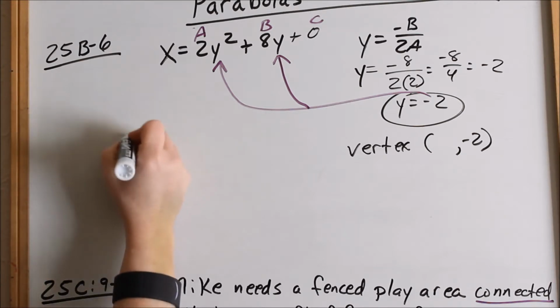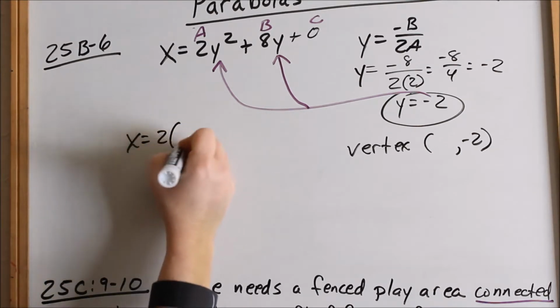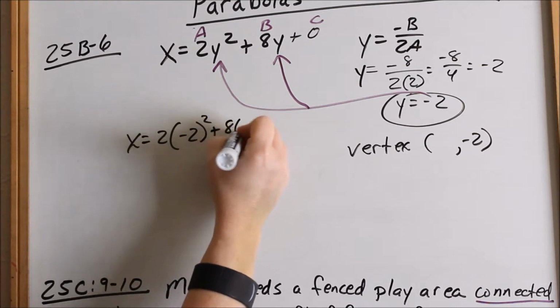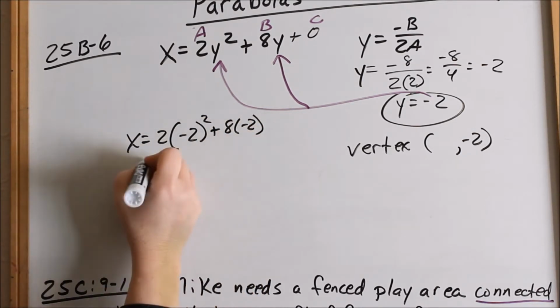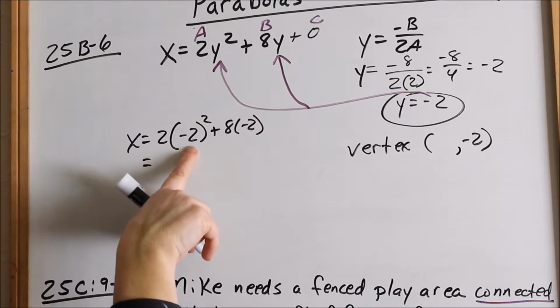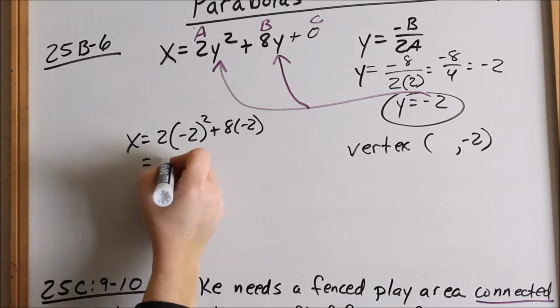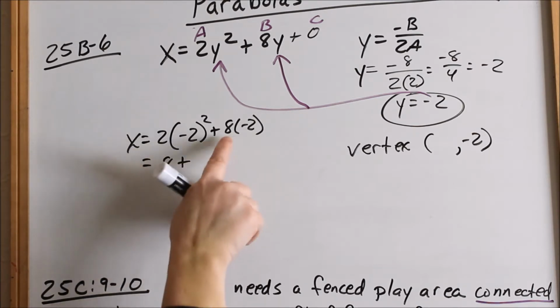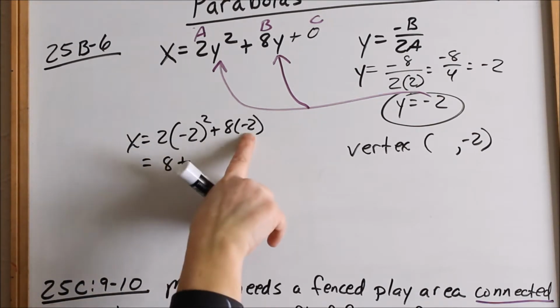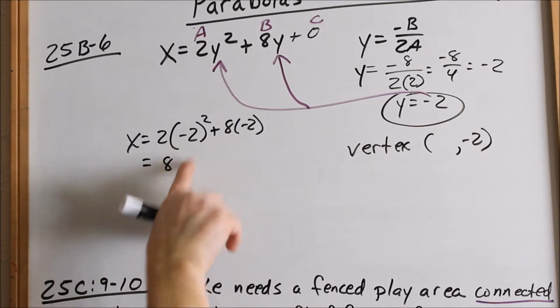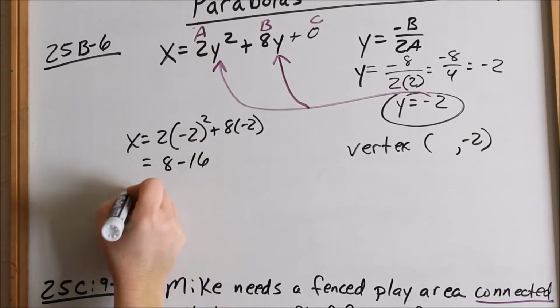So x equals 2, and then my y was negative 2 squared plus 8 times negative 2. Negative 2 in parentheses squared is a positive 4, and a positive 4 times 2 is 8, plus 8 times a negative 2 would be a negative 16.